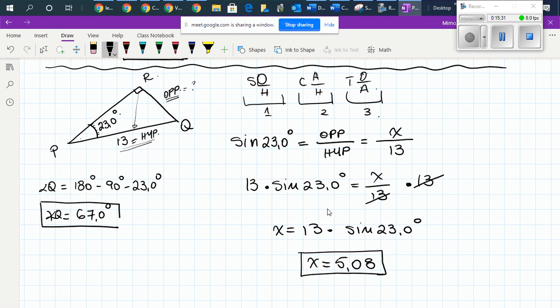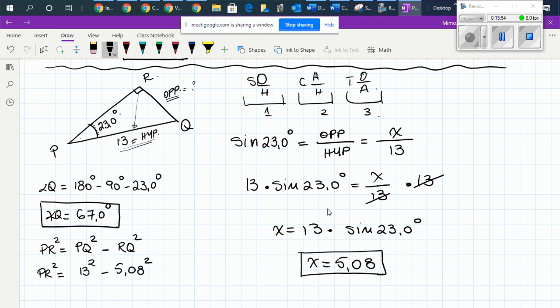And if you are looking for the side PR, PR squared will be equal to PQ squared minus RQ squared, or PR squared will be 13 squared minus 5.08 squared.